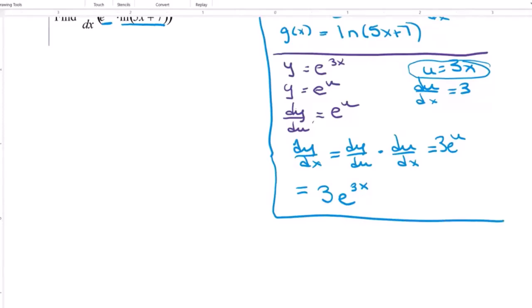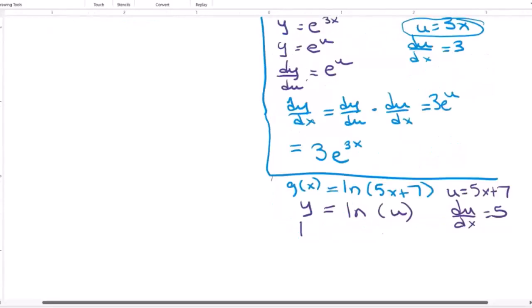We got that part handled. Now we have to figure out what g prime of x is. So g of x is equal to ln of 5x plus 7. So I can say here dy/du is equal to 1 over u.